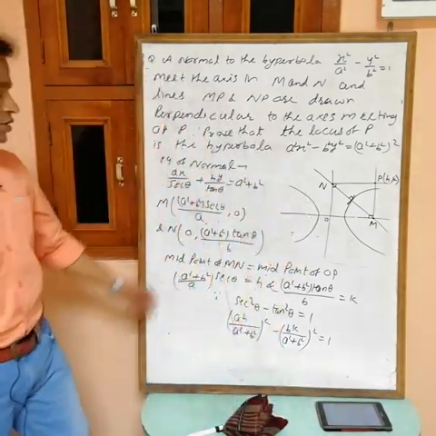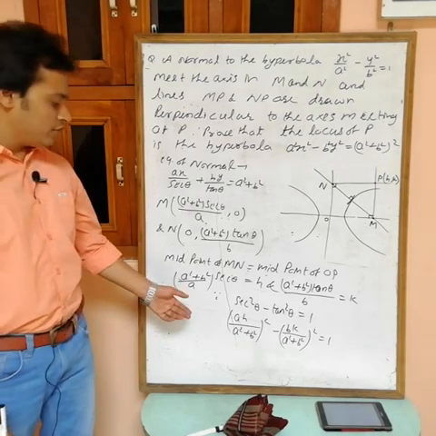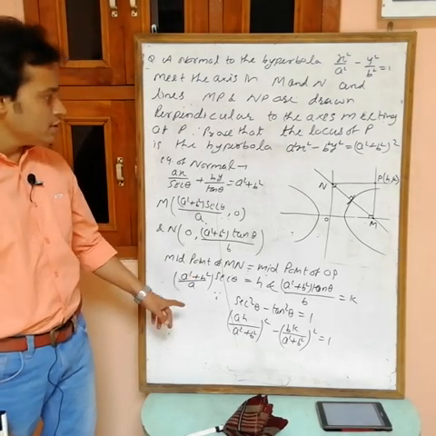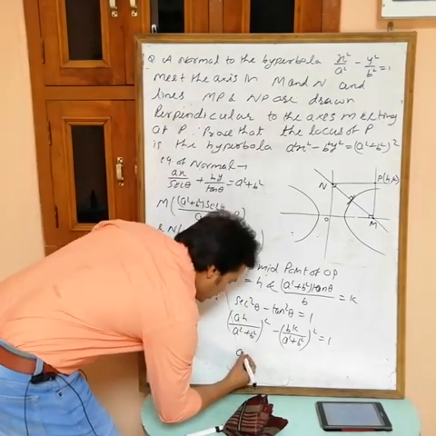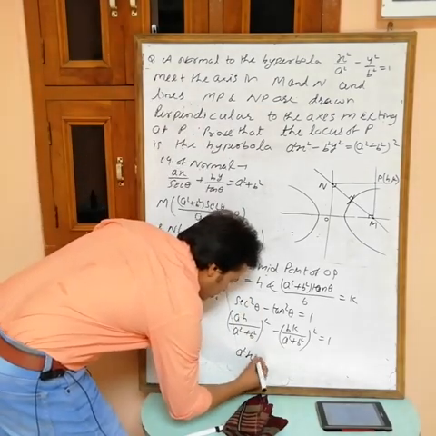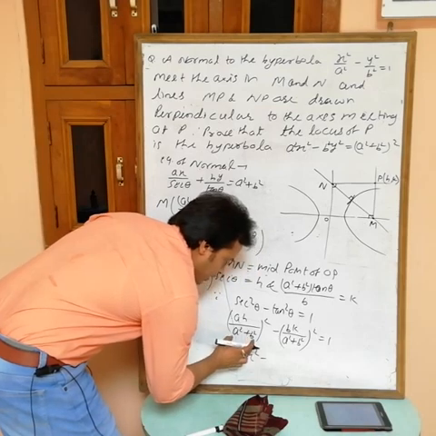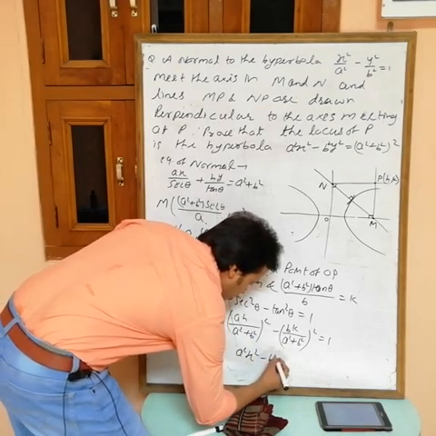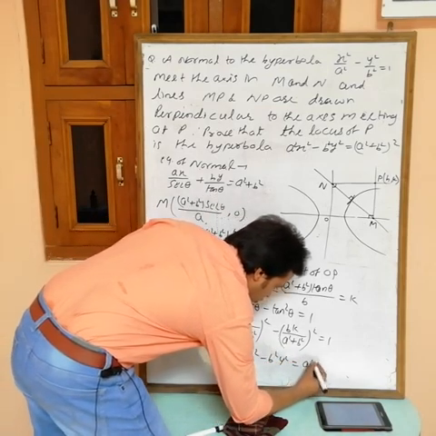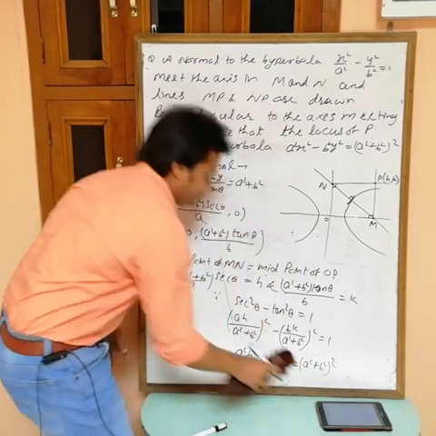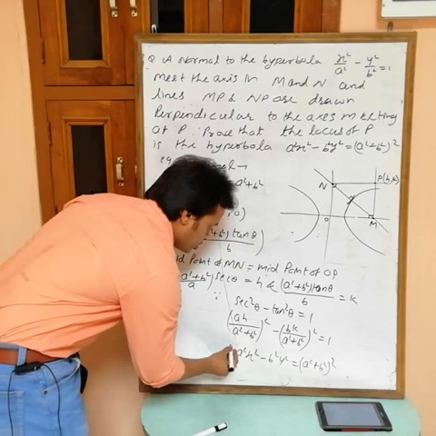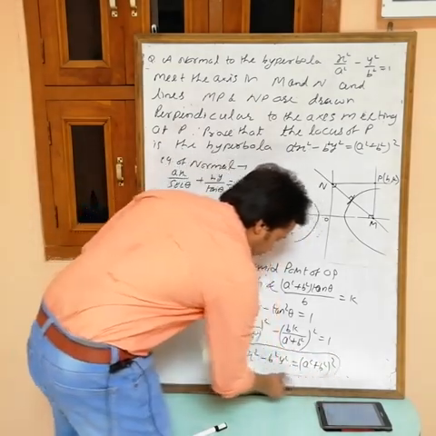Okay, this is the locus. Now at the end we have to replace h as x and k as y, then you will get this one. So a square x square minus b square y square equals (a square plus b square) whole square. Okay, this is the locus. Write it down.